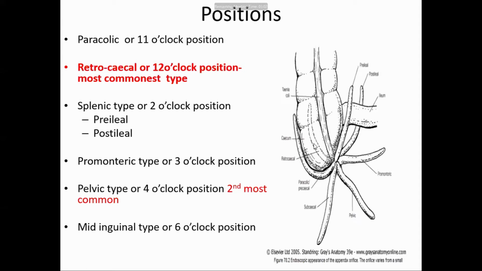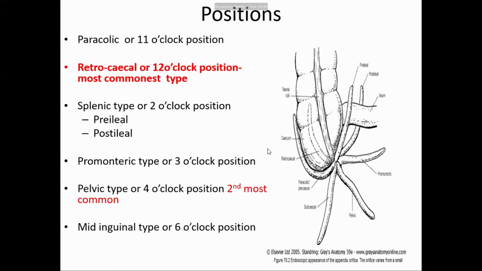In 60% it is the retrocecal. Now the sixth one is the mid-inguinal type. If the tip of the vermiform appendix is directed towards the inguinal ligament, that type of appendix is called the mid-inguinal type or the 6 o'clock position.